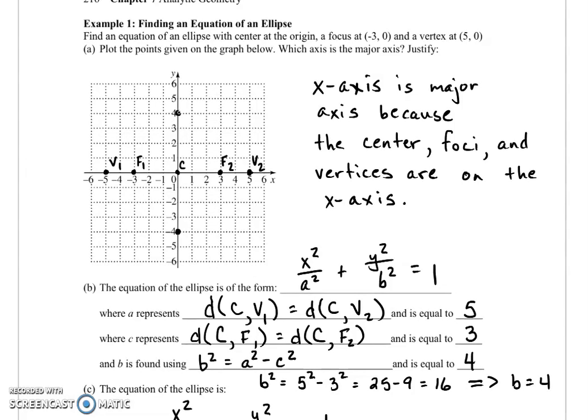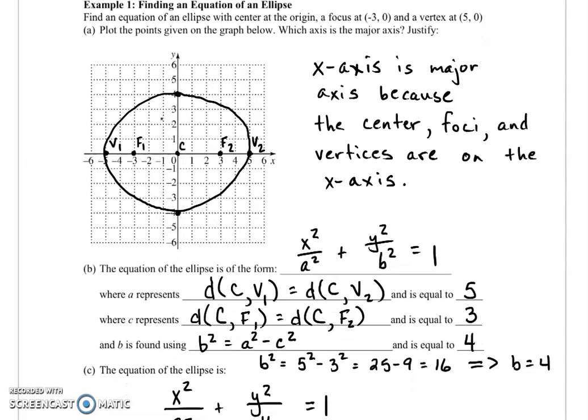Then you just have to try and make an oval going through these points. I'm usually pretty bad at that, but do your best. And there is our ellipse.